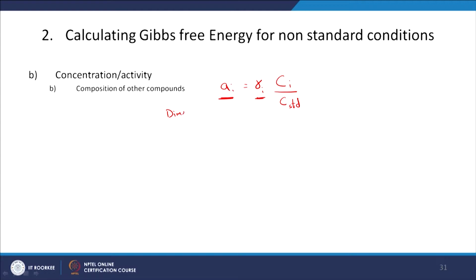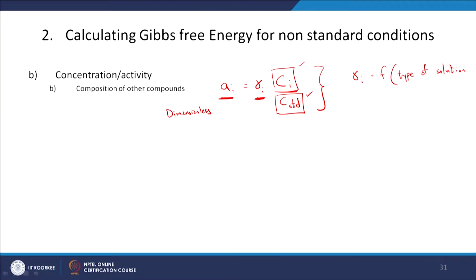You will have the concentration of the particular component, and the standard concentration you define in such a way that this variable is dimensionless. Again here we have a new term: what is this now? The activity coefficient. This obviously depends upon, or let us say it is a function of, the type of solution. So it changes from one solution to the other.